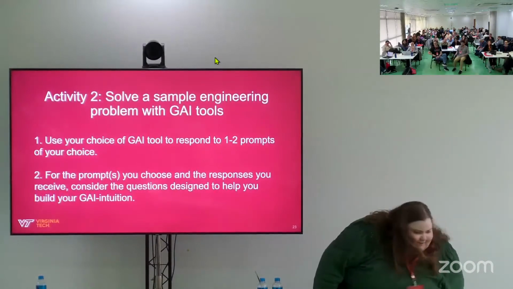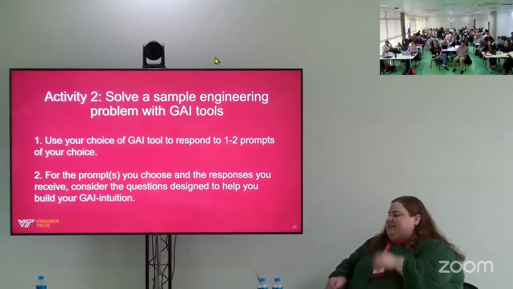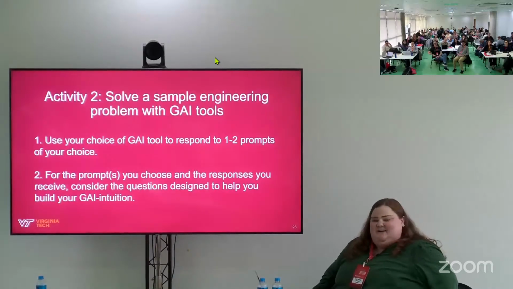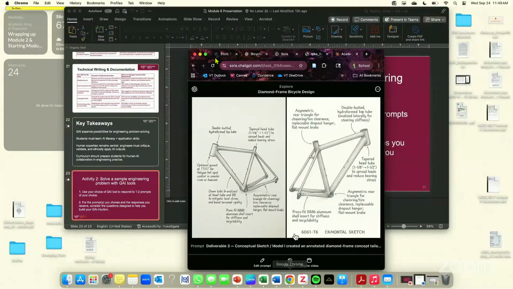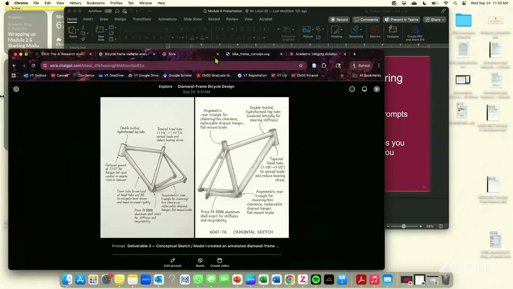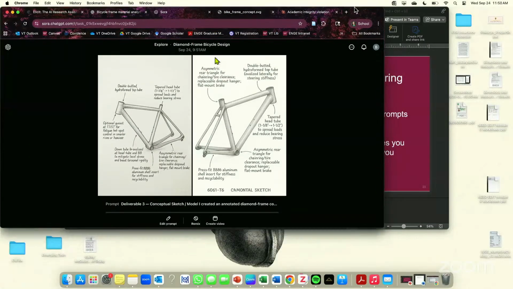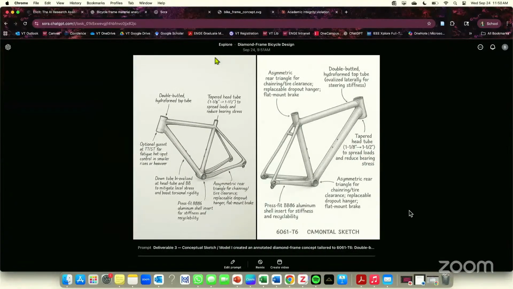So there's one in particular I think I mentioned earlier. I was really interested in literature reviews and things like that. Oh yeah, I don't know if everybody saw this when they came back in. This was one of the design results from that prompt we inputted into ChatGPT.